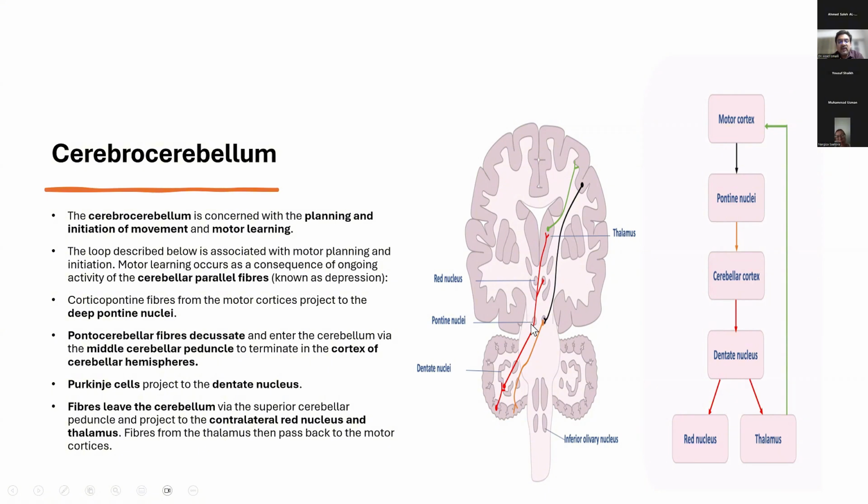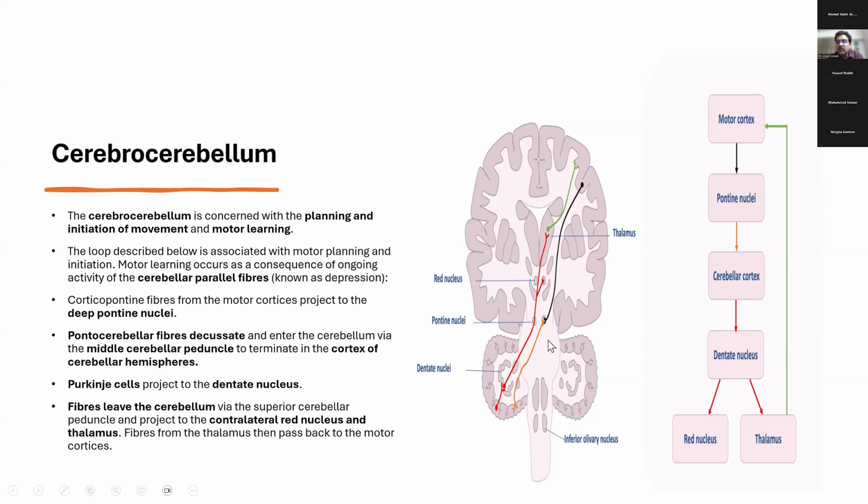The pontocerebellar fibers decussate and enter the cerebellum via the middle cerebellar peduncle, and they terminate in the cerebral hemisphere or the cerebellar cortex. Now, Purkinje cells project to the dentate nucleus here, and fibers leave the cerebellum via the superior cerebellar peduncle and project to the contralateral red nucleus and the thalamus. And fibers from the thalamus then pass back to the motor areas.